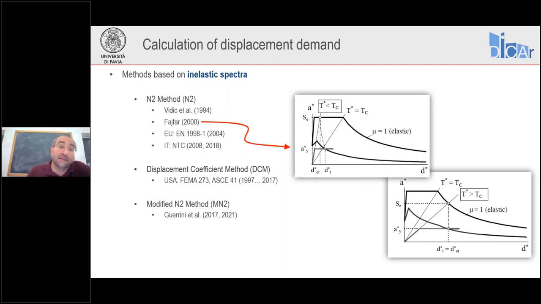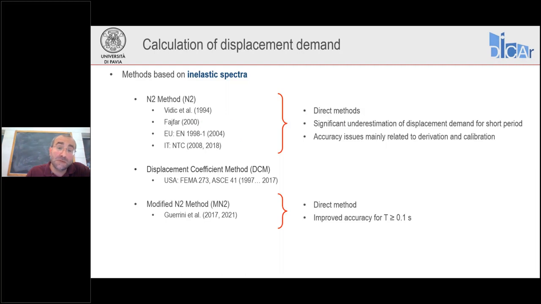And we find it in the ERGOCAD, and it's also proposed as an alternative method in the Italian code. We find it also in a different formulation, but not so different, in American codes. And also in this case, we have developed some improvements in order to make this method more suitable, more accurate for application to masonry structures.